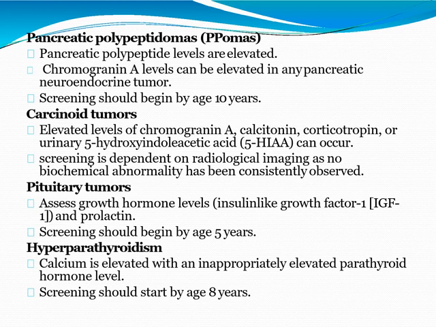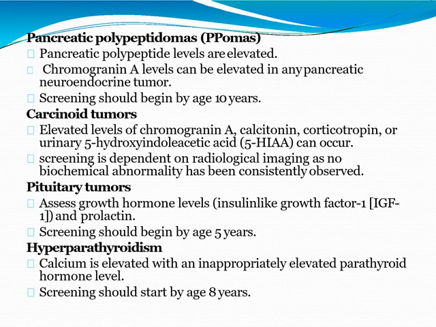Then carcinoid tumors. Here you will look for elevated levels of chromogranin A, calcitonin, corticotropin, or 5-HIAA, which is the abbreviation of 5-hydroxyindoleacetic acid.